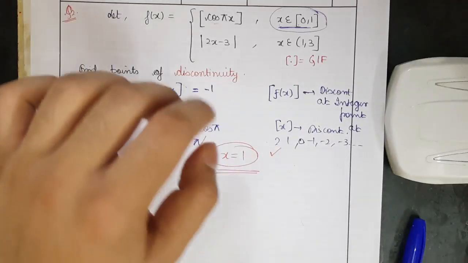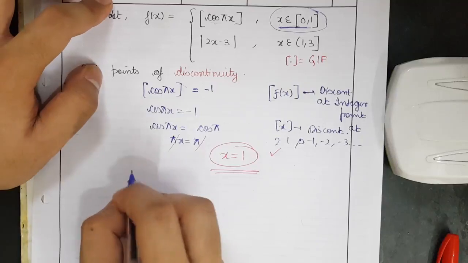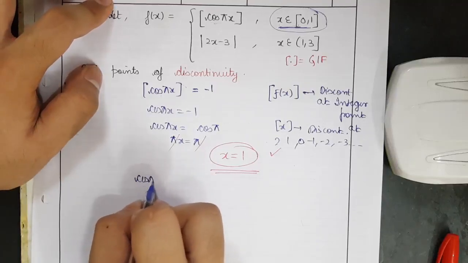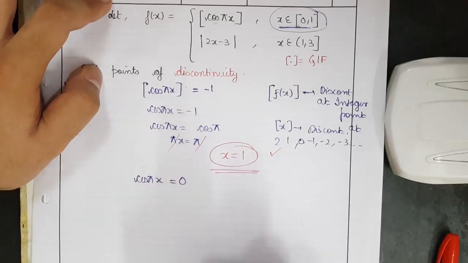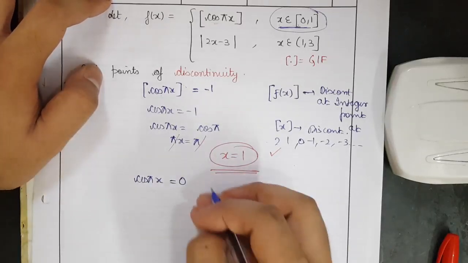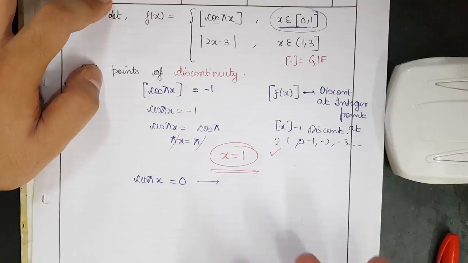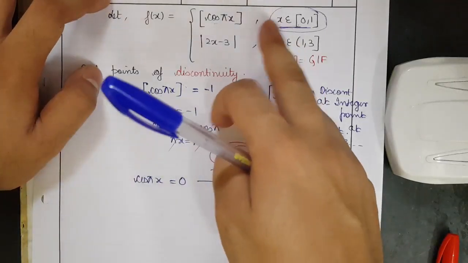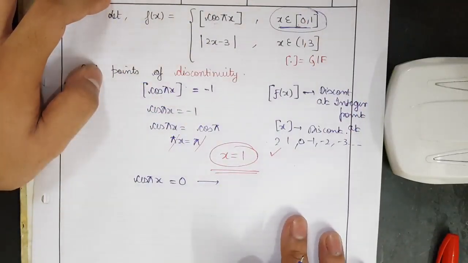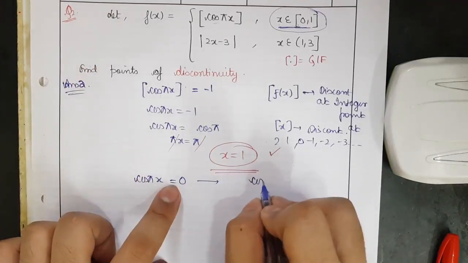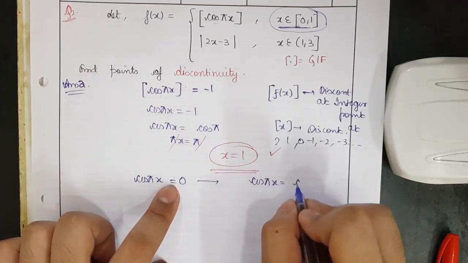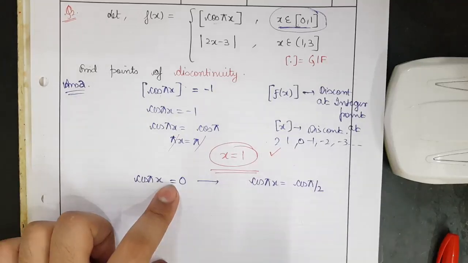Now let us move on to the second point for this function, that is, cos pi x has to become an integer. So let us take the integer value to be 0. It can be taken as anything according to your wish. You can verify it at -2, 0, 1, anything, but that condition should satisfy x belongs from 0 to 1. So from here cos pi x will be equal to cos of pi by 2, the principal value I'm taking.